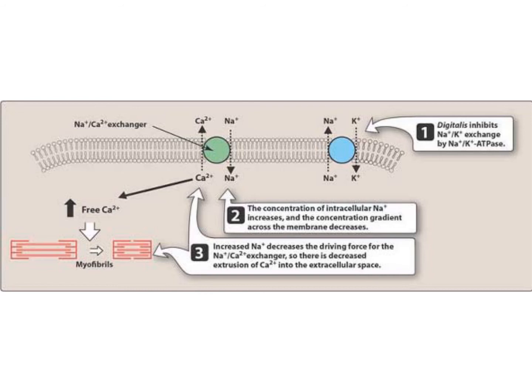The digitalis can be indicated and acts for heart failure as it inhibits sodium potassium ATPase, so decreases the calcium efflux outside the cell membrane. This scheme represents how digitalis inhibits this pump, ending with increased free calcium level within the cytoplasm of cardiomyocytes, ending with increased force of contraction.